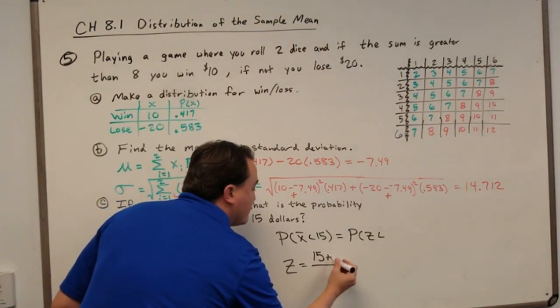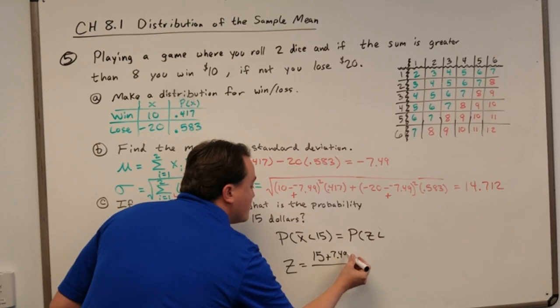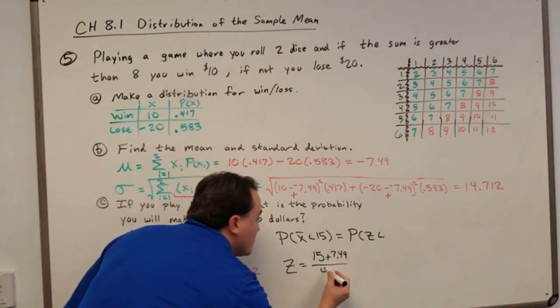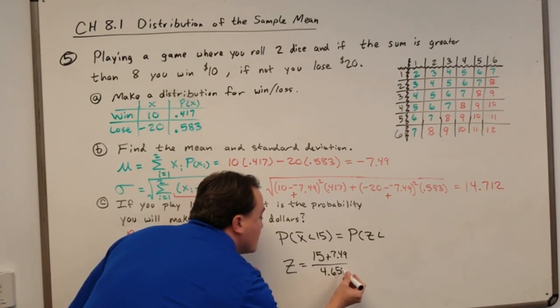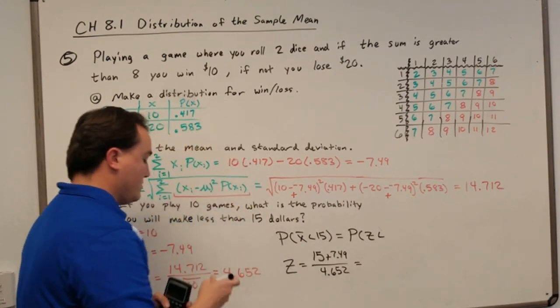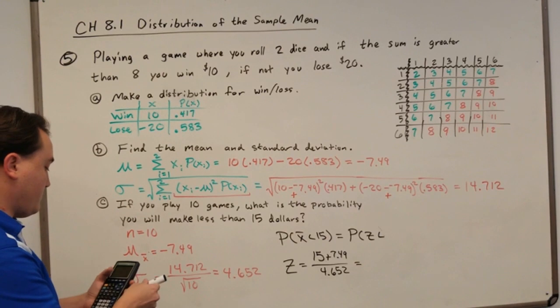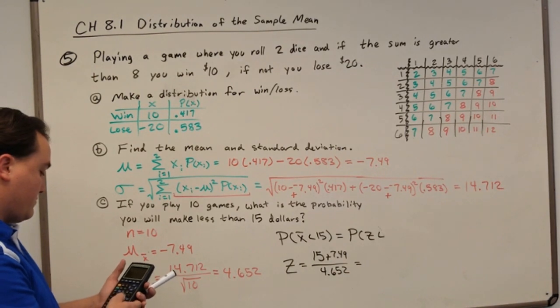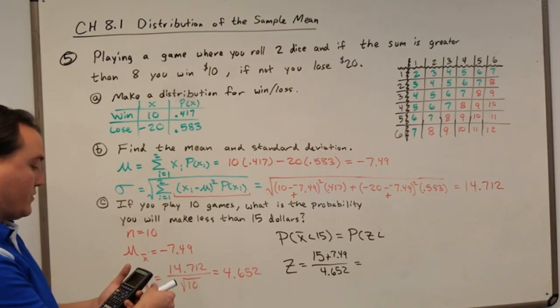So we're going to add that. Divided by 4.652 equals 4.83.